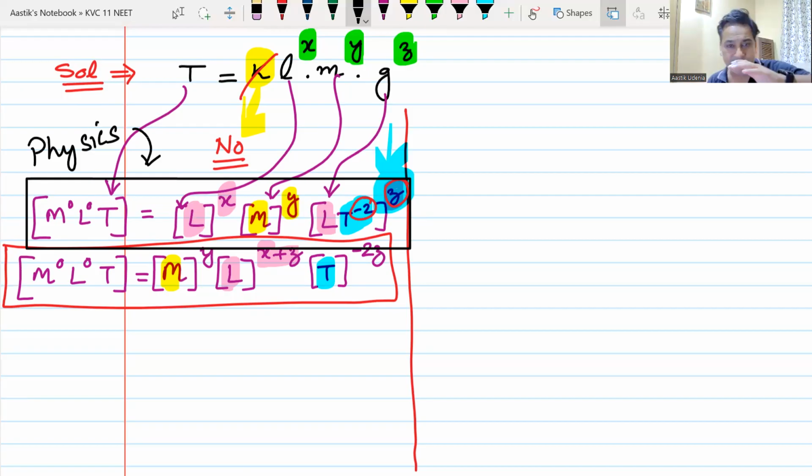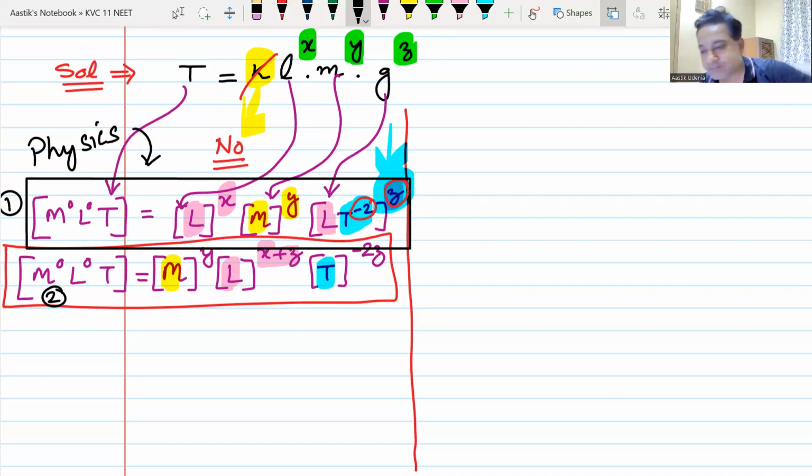Now, I have some terms of m on the left hand side, some terms on the right hand side. What does dimension analysis say? What should be the relation between left hand side and right hand side? If I call this step number 1 and this step number 2, what will be my step number 3?